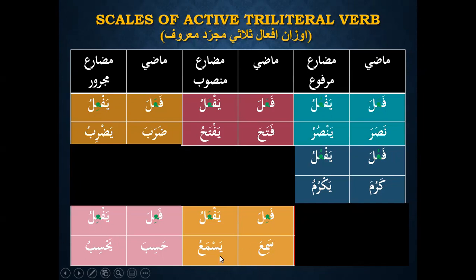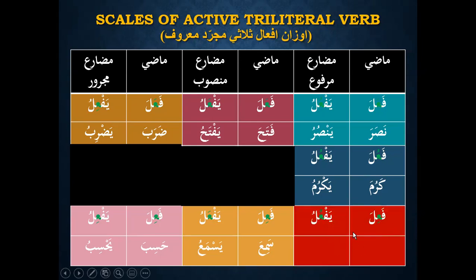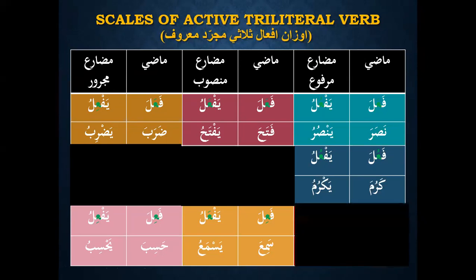But if Ain Kalima has Kasra and Mudari has Fatha, that's a possibility as well. But if Ain has Kasra in this category and Mudari has Dhamma, it doesn't work. That category is non-existent as well. Okay, so altogether, these are the 6 possibilities.